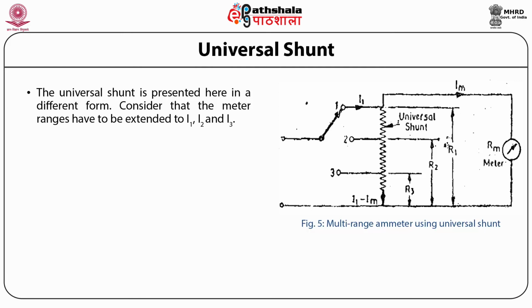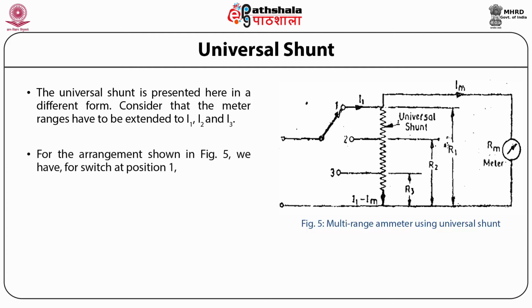Consider that the meter ranges have to be extended to I1, I2 and I3. For the arrangement shown in figure 5, we have for switch at position 1, Im Rm is equal to (I1 minus Im) multiplied by R1.